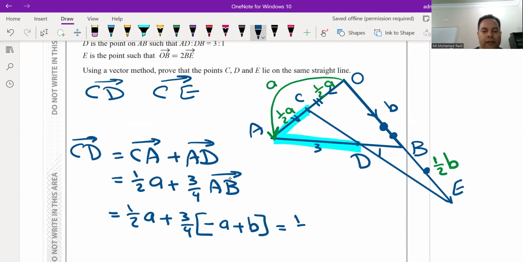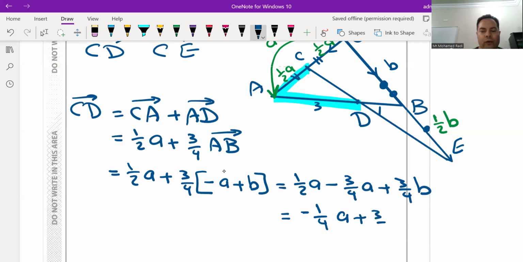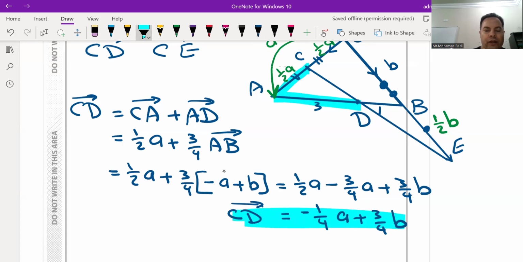Simplify: half a minus 3/4 of a plus 3/4 of b. Simplify more: half of a minus 3/4 is negative 1/4 of a plus 3/4 of b. Now this is CD simplified. CD is minus 1/4 a and 3/4 b.